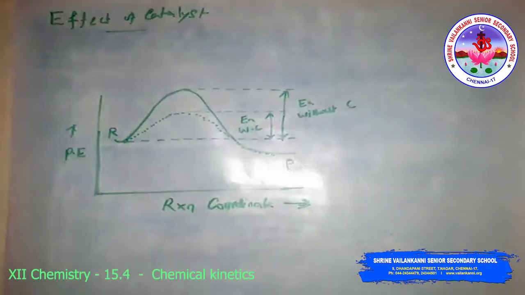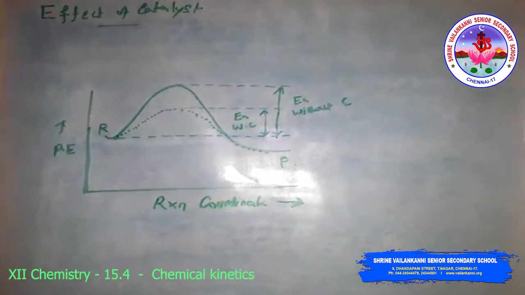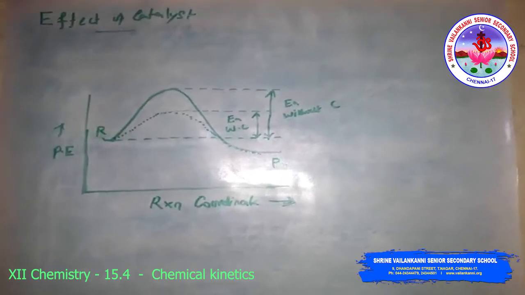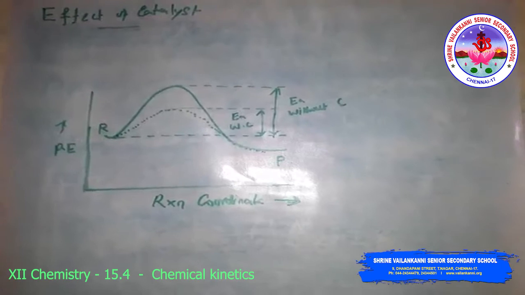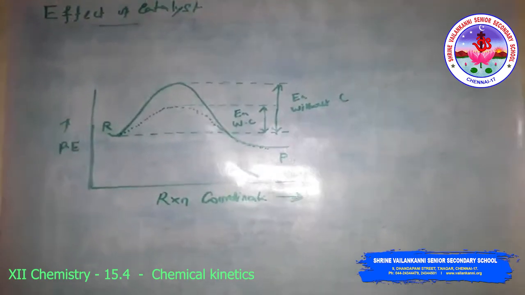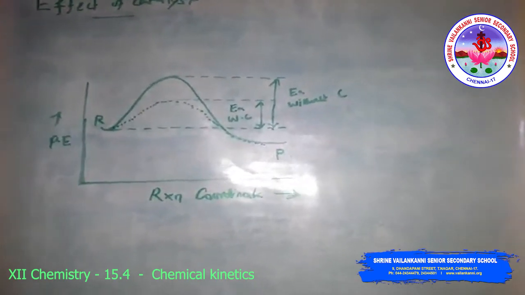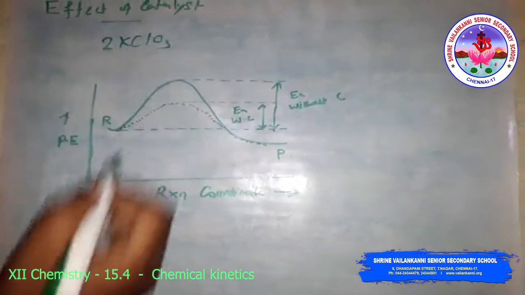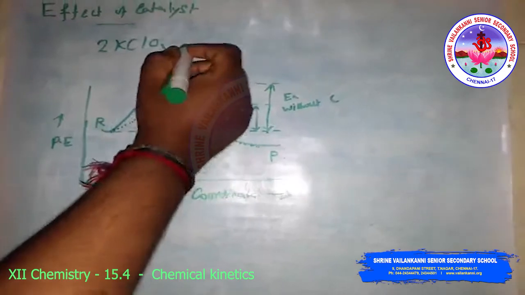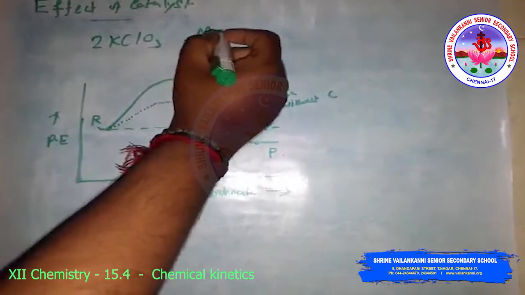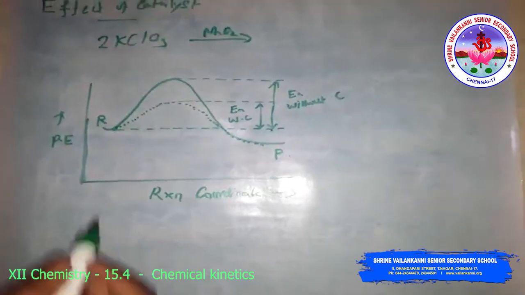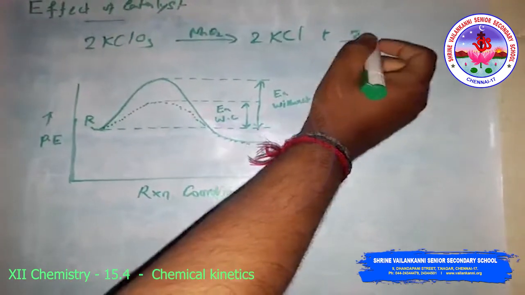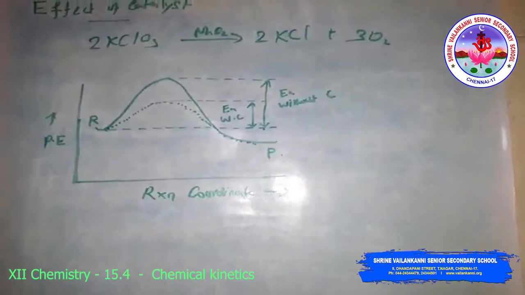Effect of catalysis. A catalyst is a substance which increases the rate of reaction without itself undergoing any permanent chemical change. Example: 2 moles of potassium chlorate, KClO3, in the presence of manganese dioxide catalyst, MnO2, form 2 moles of KCl and 3 moles of oxygen.